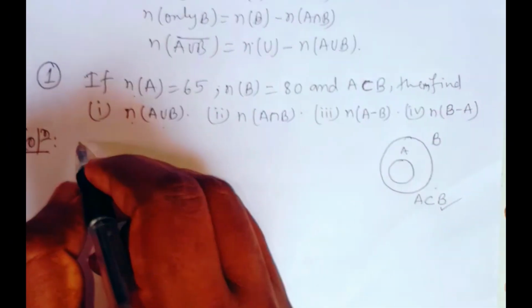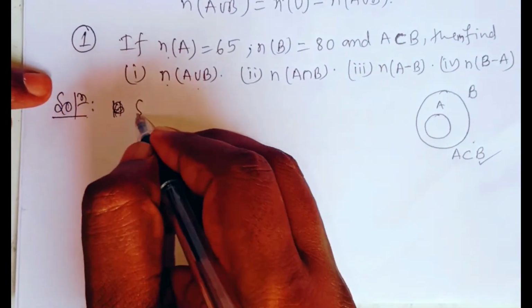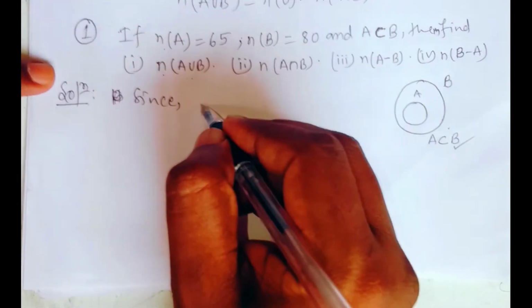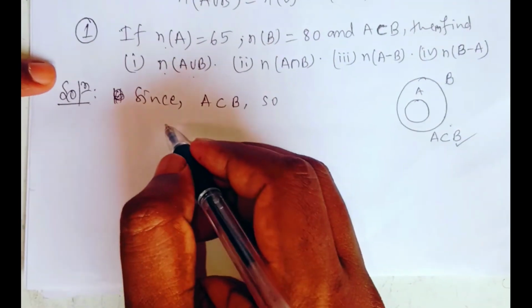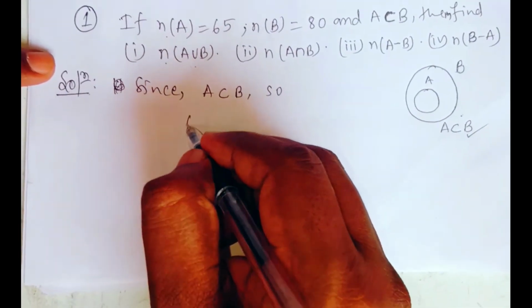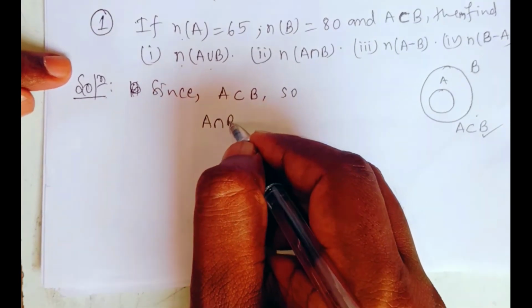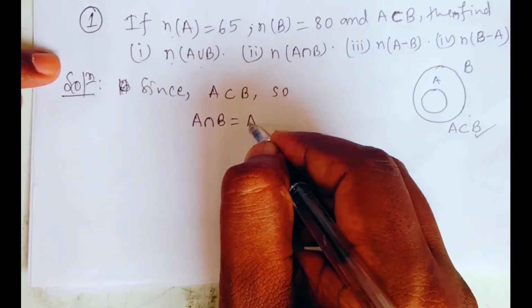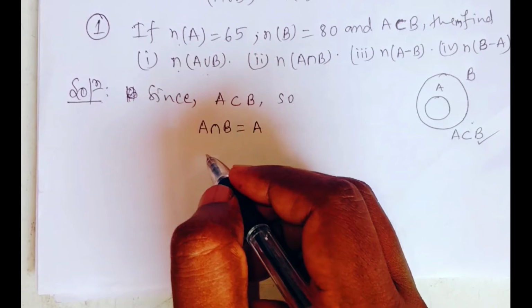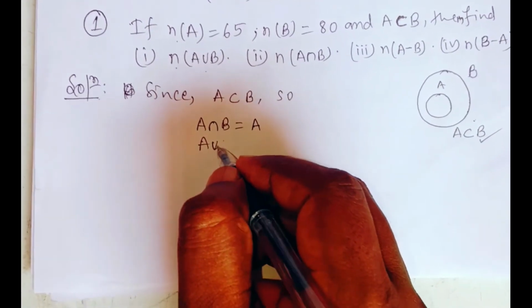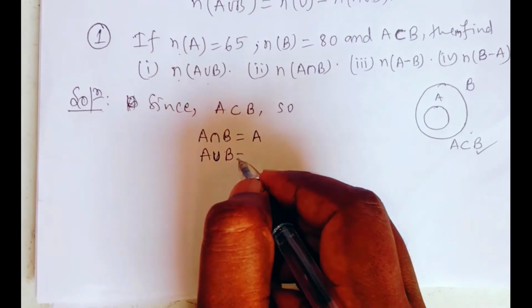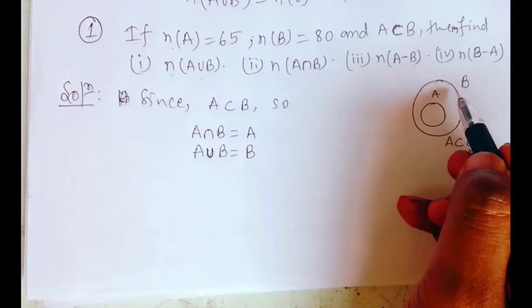So now let us solve it by this figure. Since A is a subset of B, we can write A intersection B as A, and A union B as B, this whole.